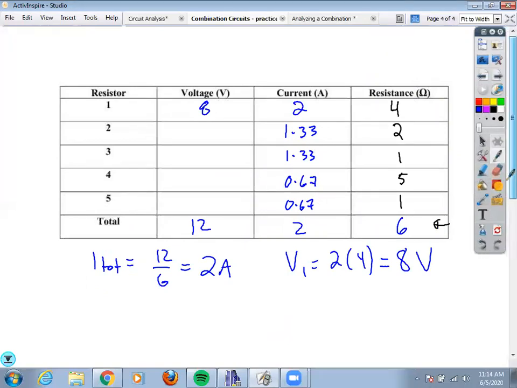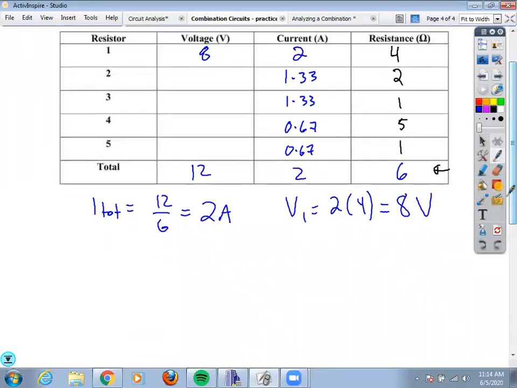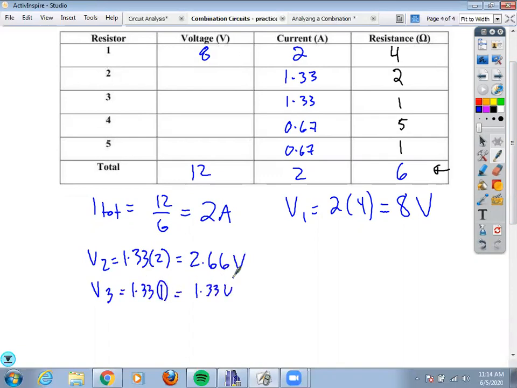V2 equals I times R, so 1.33 times 2, which is 2.66 volts, and V3 is 1.33 times 1 ohm, which is 1.33 volts.